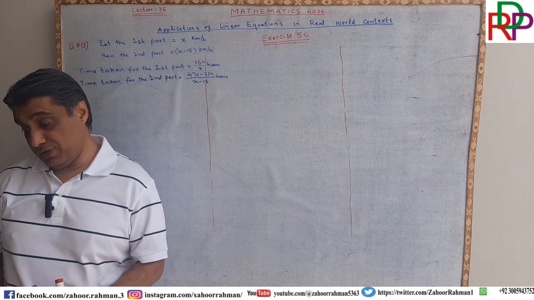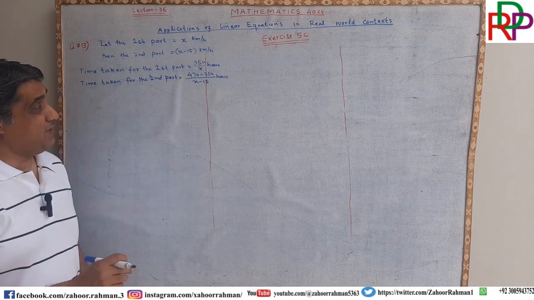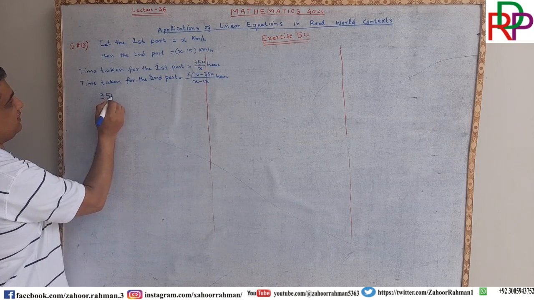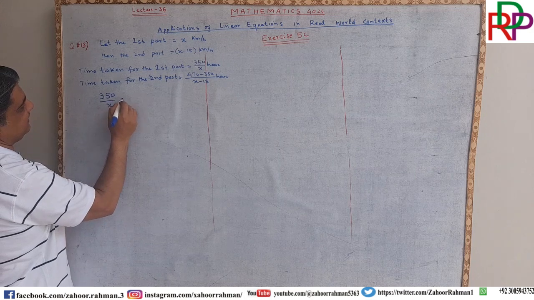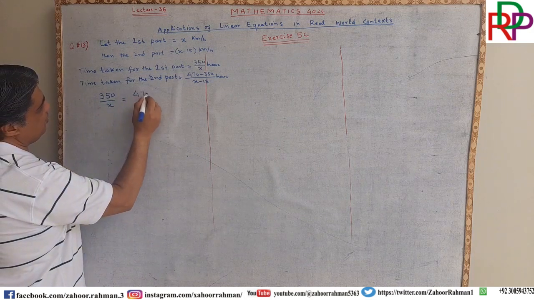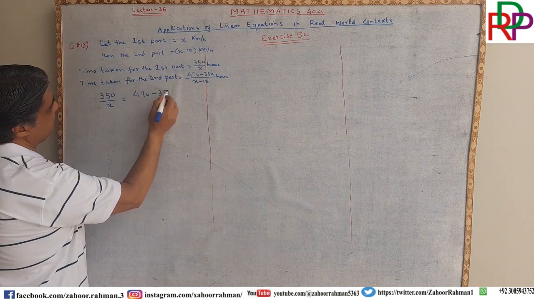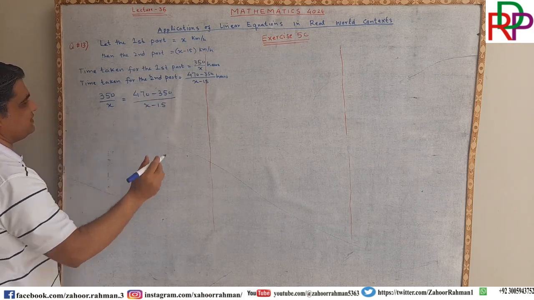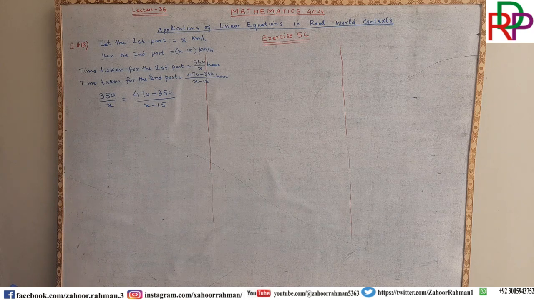If both are the same, so we have to take these two. 350 divided by x is equal to 470 minus 350 divided by x minus 15. From these two sides, we have to find the value of x.